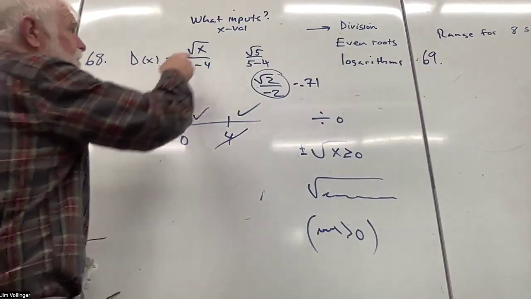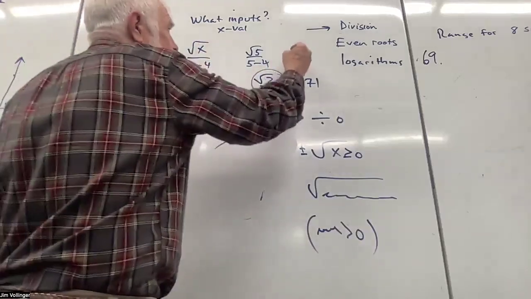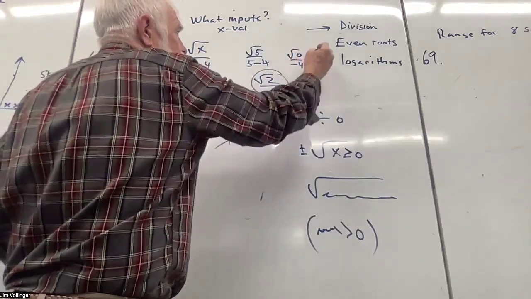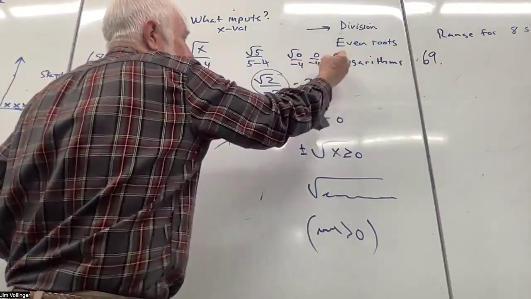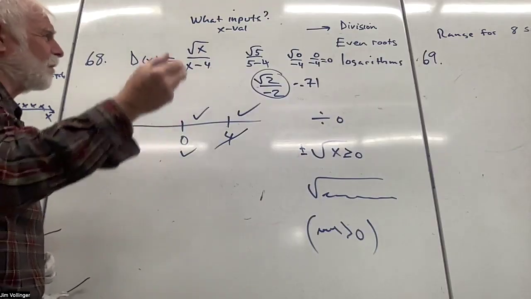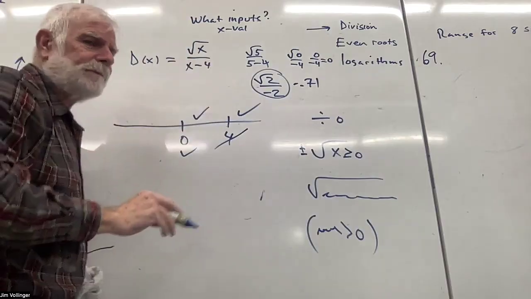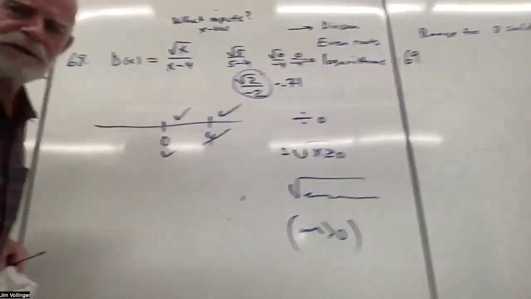Can I use the number 0? Square root of 0 is 0 divided by -4, which is 0. I can use that number. Can I use numbers less than 0? -1. Square root of -1, oop. Imaginary, not going to show up in Rene Descartes.